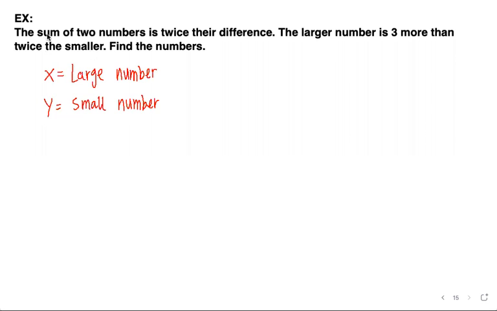Step number 2, I have to read the question again. The sum of two numbers is twice their difference. So the sum of these two numbers, I can set x plus y, is equal, means equal, to twice their difference, which means 2 times (x minus y).